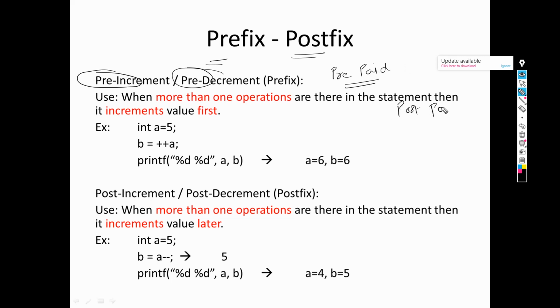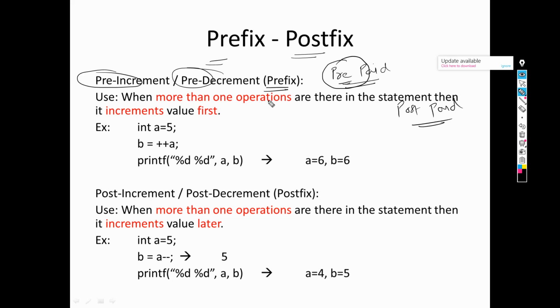In the case of prepaid, you know that we need to pay first, before using that SIM card, or we can say before using that particular service, we need to pay for the service. So it is prepaid. Likewise, here it is pre-increment or pre-decrement, in short known as prefix.